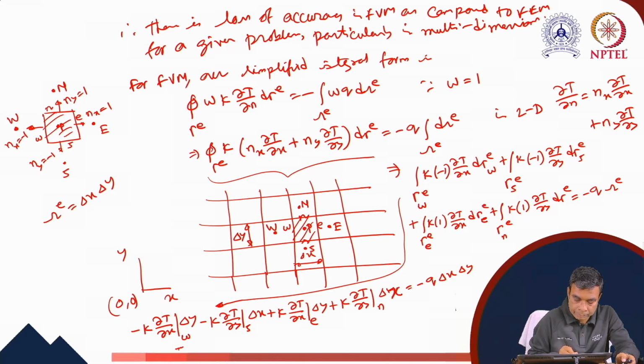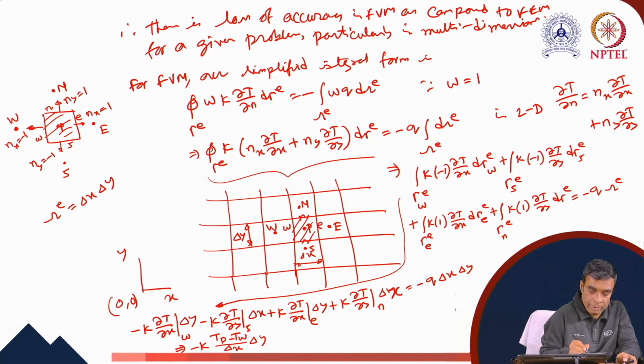So this gives us minus k into ∂T/∂x at the west face equals (Tp minus Tw) by delta x, into delta y. These distances are equal to the grid size.